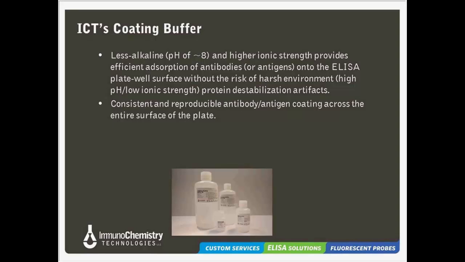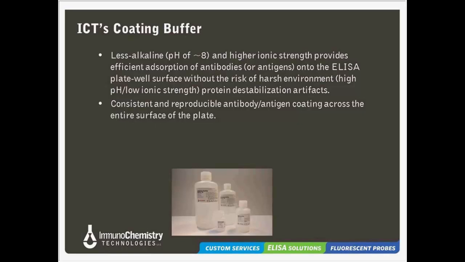So our buffer is different than the other ones because we don't use a super high pH, and we don't try to use low ionic strength, which essentially in some cases denatures the antibody by incubating in a very low salt concentration.